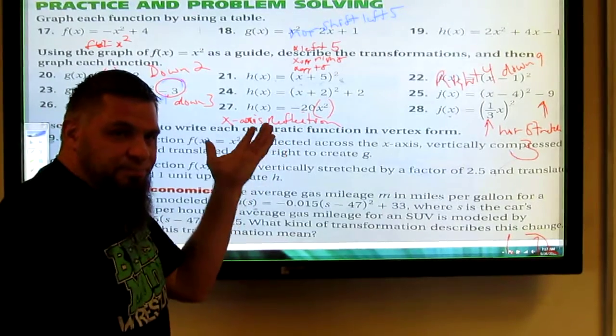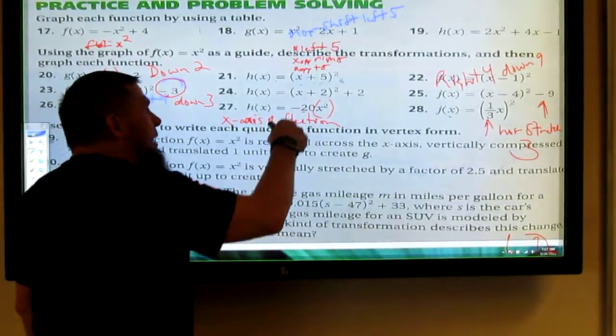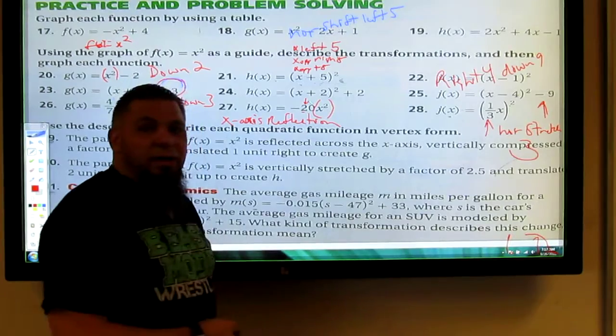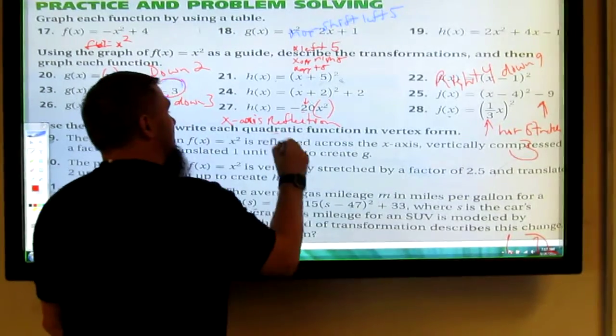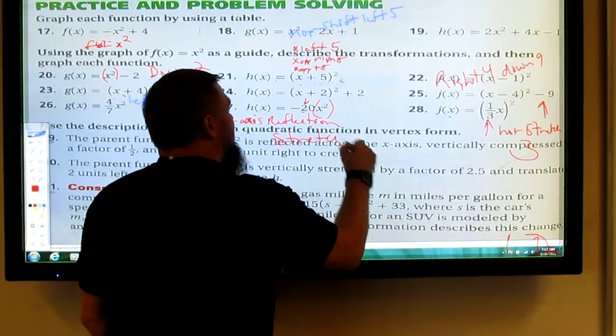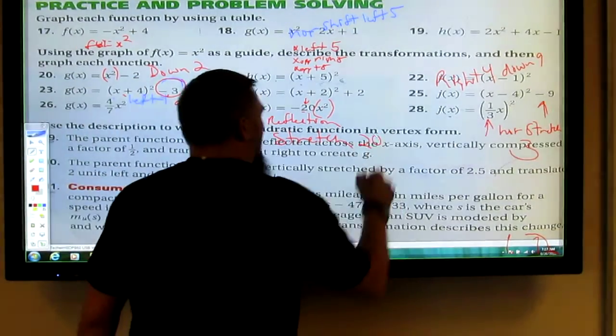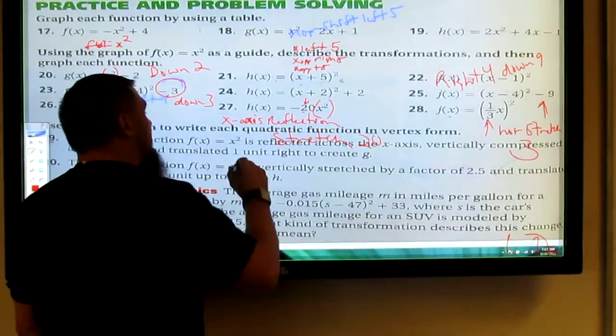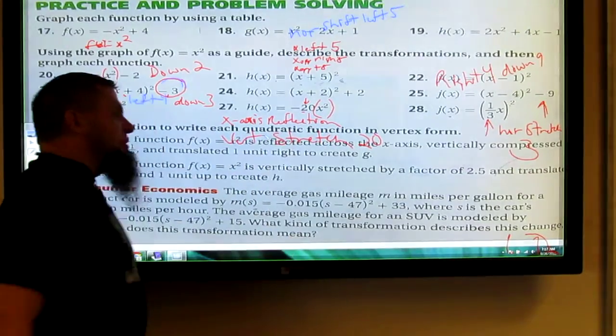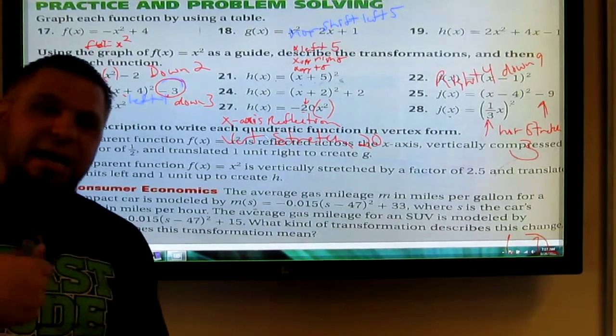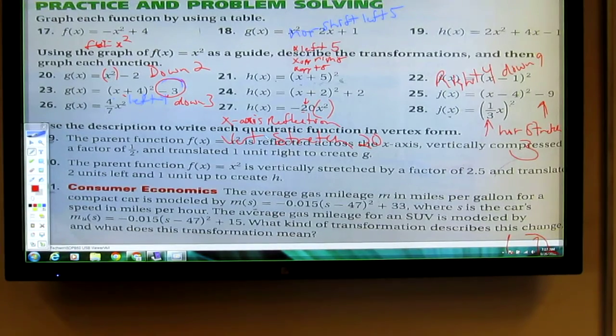So that's good to know. And then, because this is bigger than 1, we know it's a stretch. Stretch how much? Well, 20. What kind of stretch? Vertical, right?